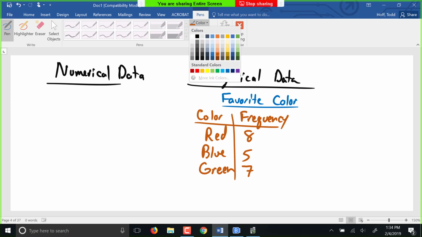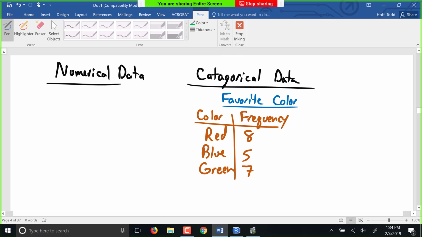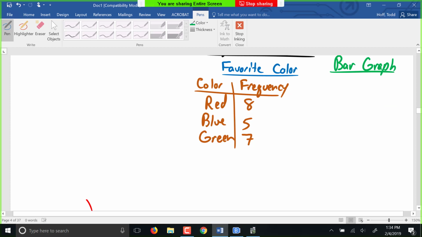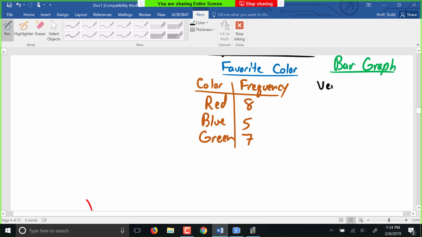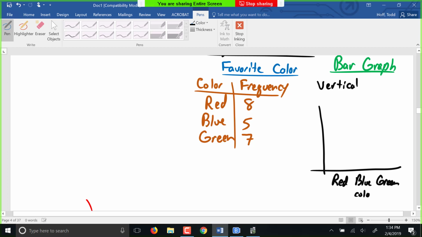Probably the simplest data graph we can create from that is a bar graph. We're all familiar with bar graphs. They can be done one of two ways. Vertical. In a vertical bar graph, our categories go across the bottom. Some sort of label here. We call that color or even favorite color.